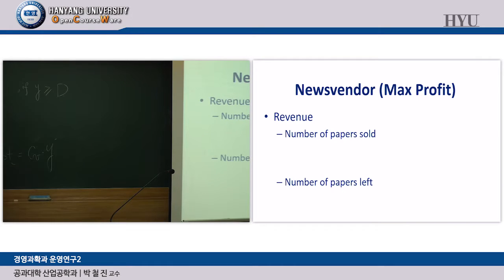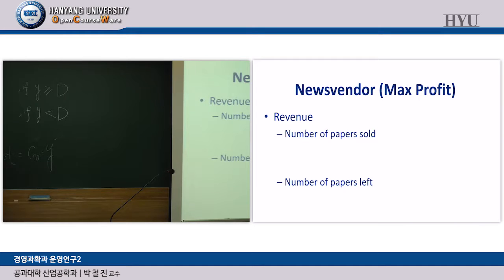D. The number of newspapers we sold might be D if Y is greater than or equal to D. And otherwise, if the number of newspapers we have is less than demand, then we can sell only Y newspapers.